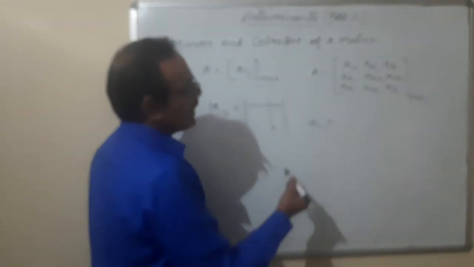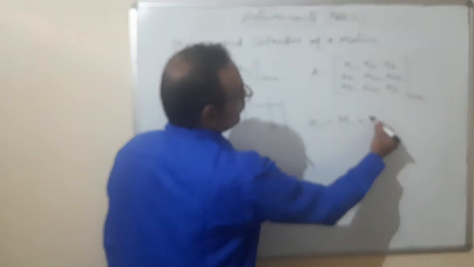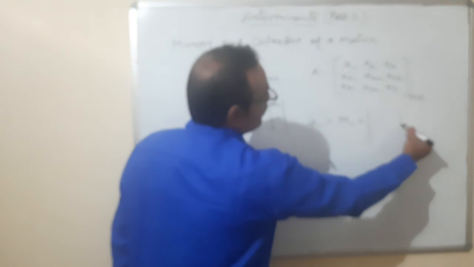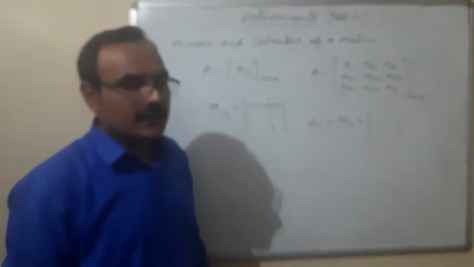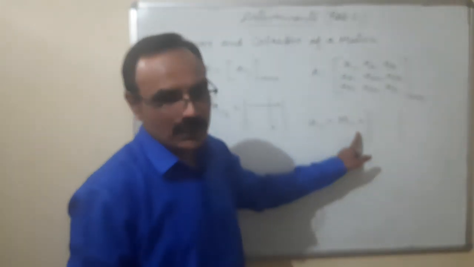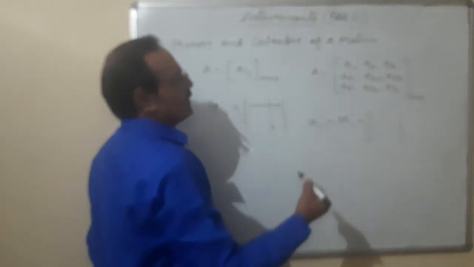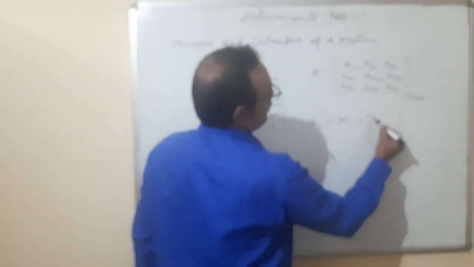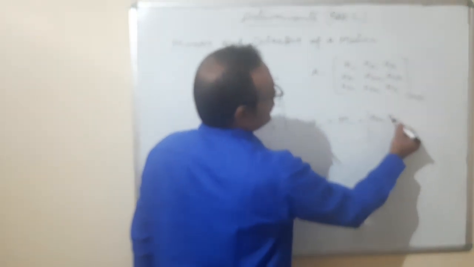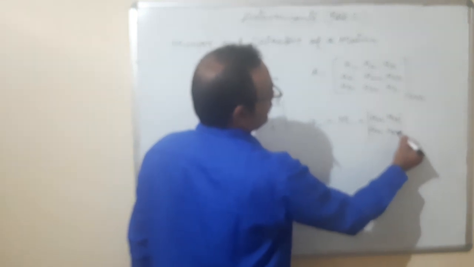Then how to find the minor? The minor is denoted by capital M11. This means deleting the first row and first column. If I delete the first row and first column, then the remaining elements are a22, a23, a32 and a33.